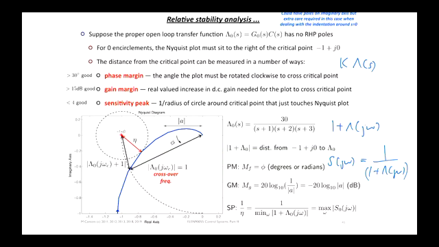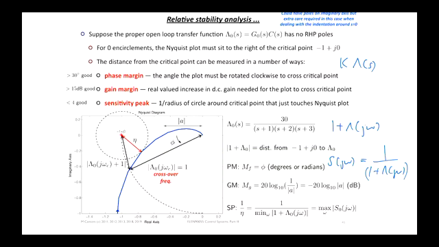Another way of measuring how close we are to the critical point -1 is by looking at the frequency associated with the open loop transfer function having a phase that is the same as the phase of the critical point, in other words, a phase of -pi radians. Okay, and then we measure how close the Nyquist plot is to the critical point by asking how much can I scale this up by before I hit the critical point.